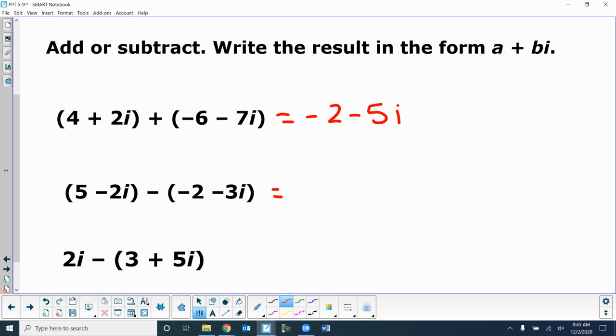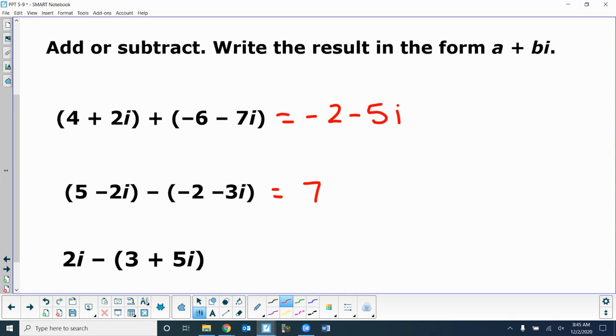Grace, what's the next one? Well, it's minus a -2, so what would we do? You add it? Yeah. And then you got minus a -3. What is this? Well, what's minus a -3?